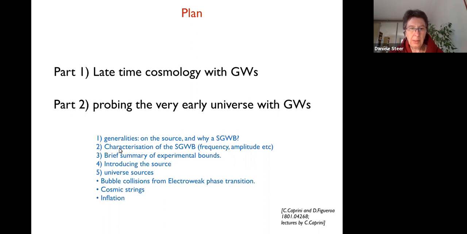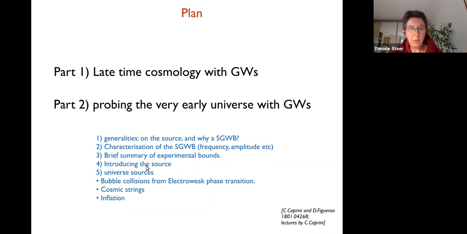Then I want to try and characterize the properties of that background, typical frequency and amplitude, for example. Then I'll try and summarize briefly the experimental bounds which exist today on the stochastic gravitational wave background at different frequencies.